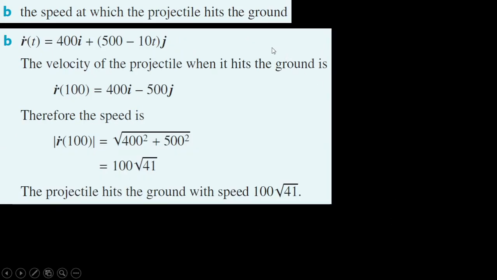To find the speed when it hits the ground, when t is equal to 100, you're gonna have to use that t value from part A. To get the velocity, you differentiate, then you take the speed. Oh, hang on. What they did is they already substituted t equals 100, so we get the actual velocity when it hits the ground. We take the modulus of that to get the speed, and that will be the answer.